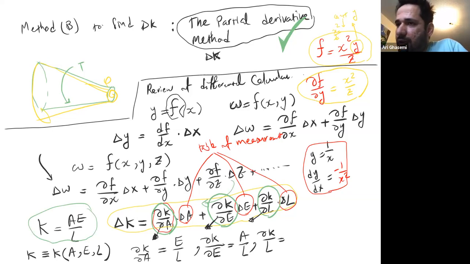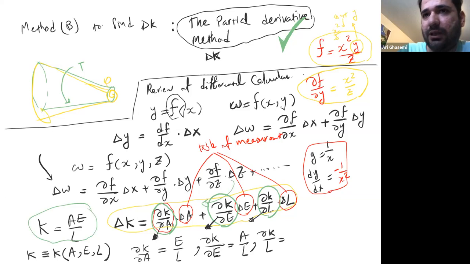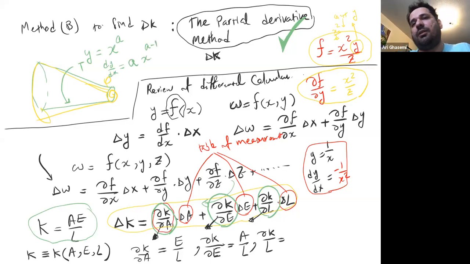But you remember when we had the equation y is equal to x to the power, for example, a, arbitrary. Then dy dx was a x to the power a subtracted by 1. You remember that formula? We had this in calculus 1, basic calculus. Now here, a is -1.